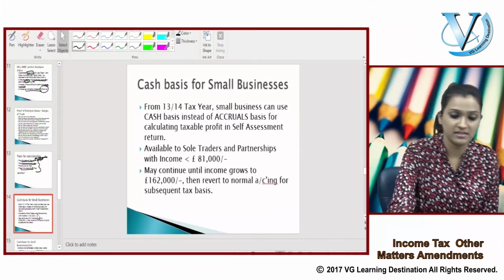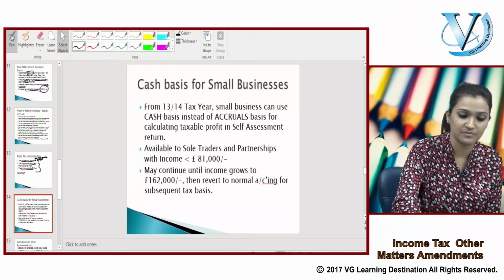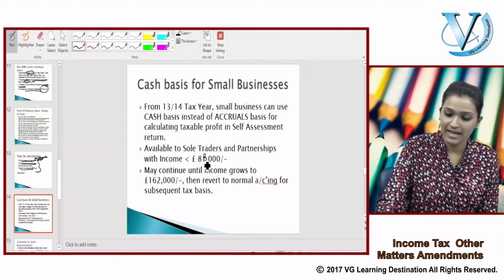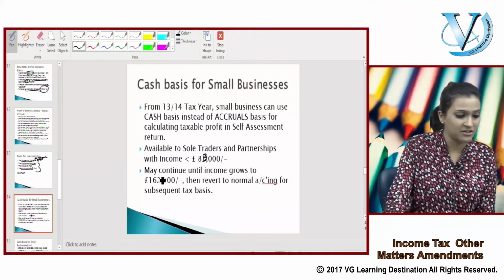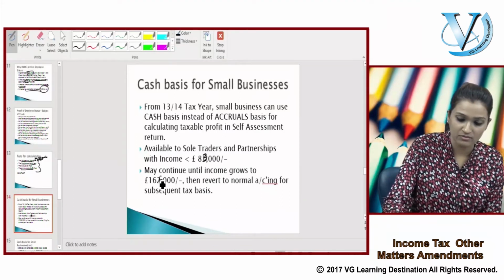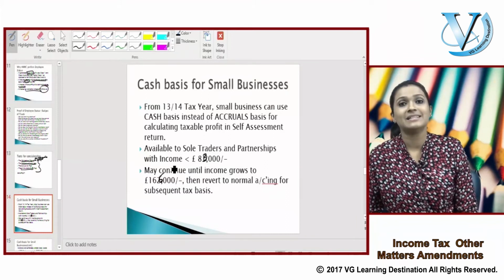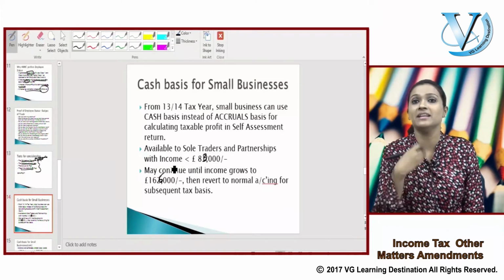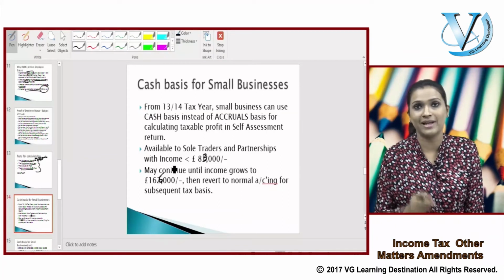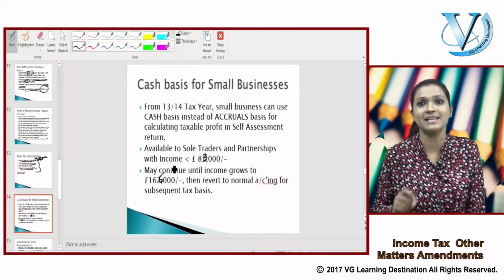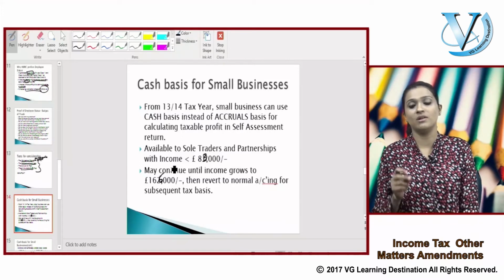Bear with me, this needs to be changed. It's 83,000 pounds for 16-17 now and 166,000 pounds for 16-17. Like these, I need to make a few more amendments in your income tax, which I'm just going to tell you as soon as I finish off with this cash basis for small businesses.